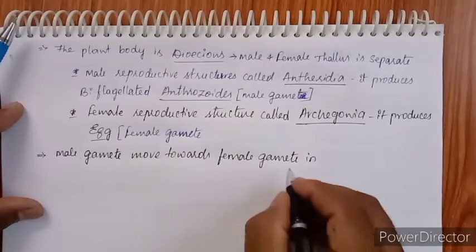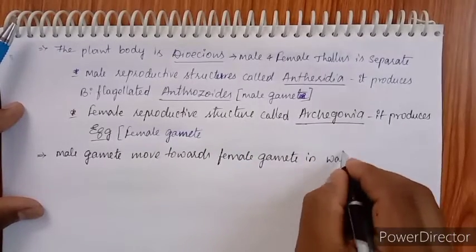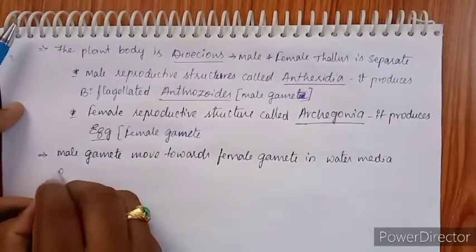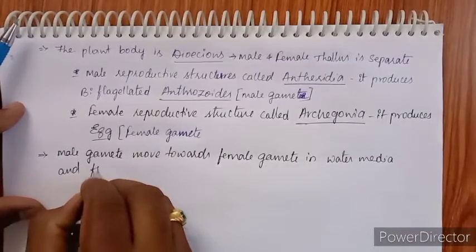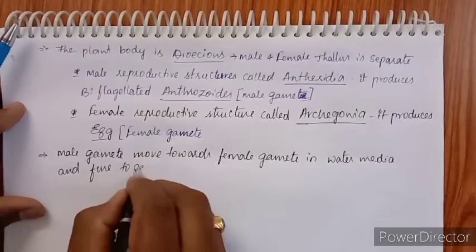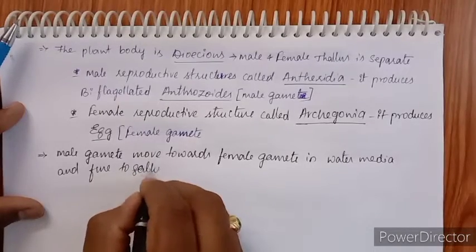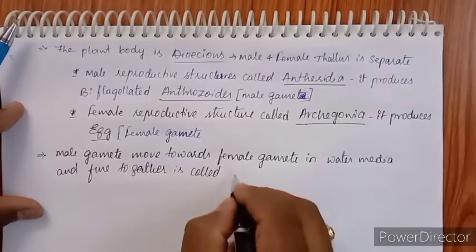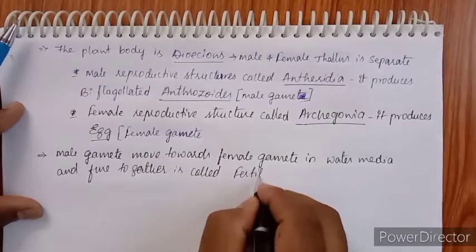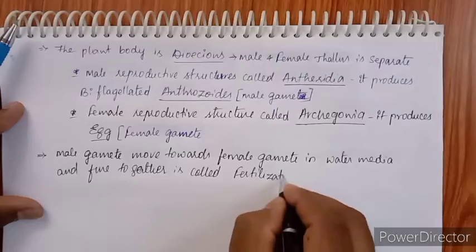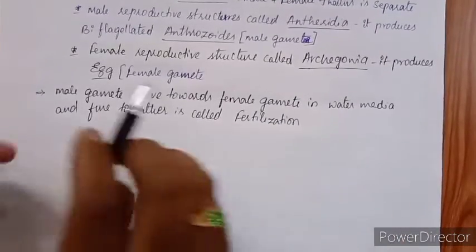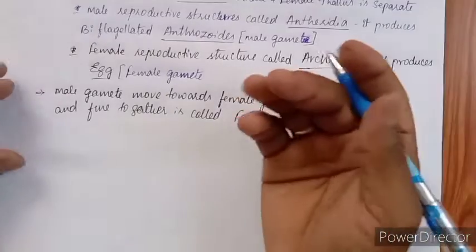The male and female gametes in water media fuse together, and this is called fertilization.